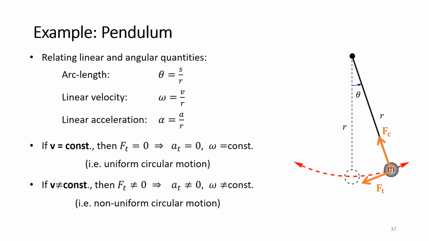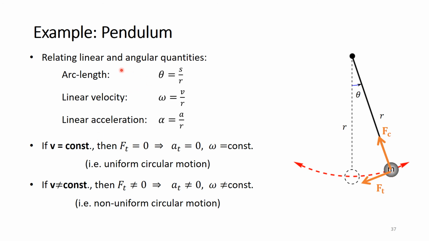You will have a component that points in the direction of the string, which is the direction of the tension really. Let's call it FC. And also you will have another component that points in the direction of the tangent. That's something you get from finding the components of the weight. So this Ft, the tangential force, is responsible for changing the speed of the pendulum, and the Fc, the centripetal force, is responsible for keeping the pendulum moving in a circle.